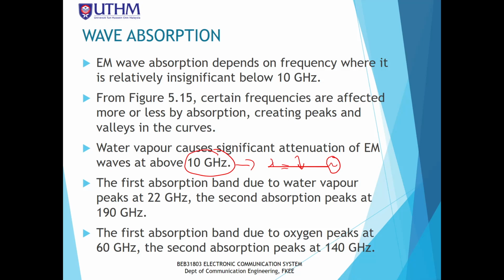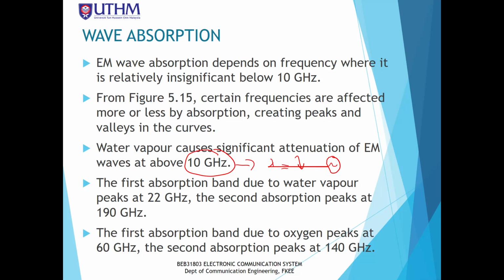Remember that lambda is also defined as the distance that the wave has traveled in one complete cycle. So when lambda becomes smaller than the size of the raindrop, that means the raindrop can absorb a lot of energy from the signal.